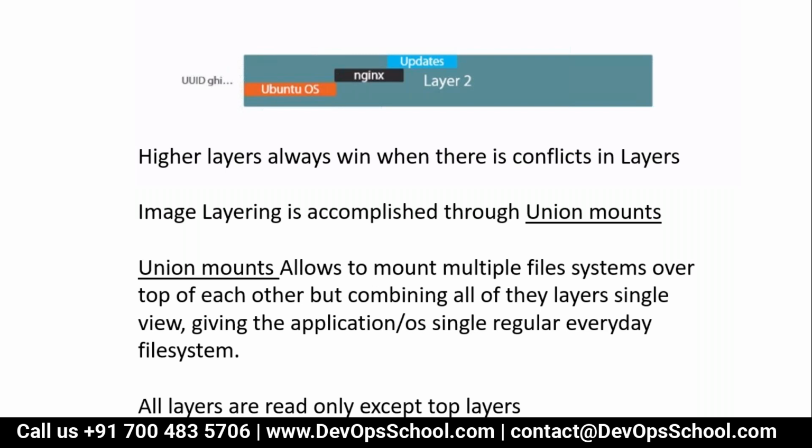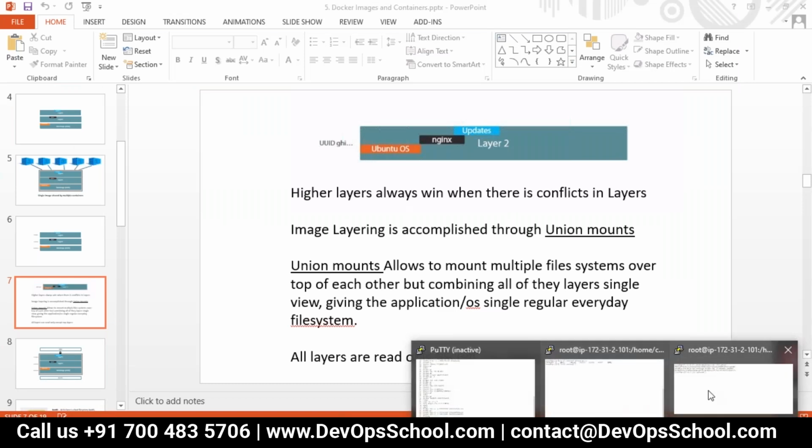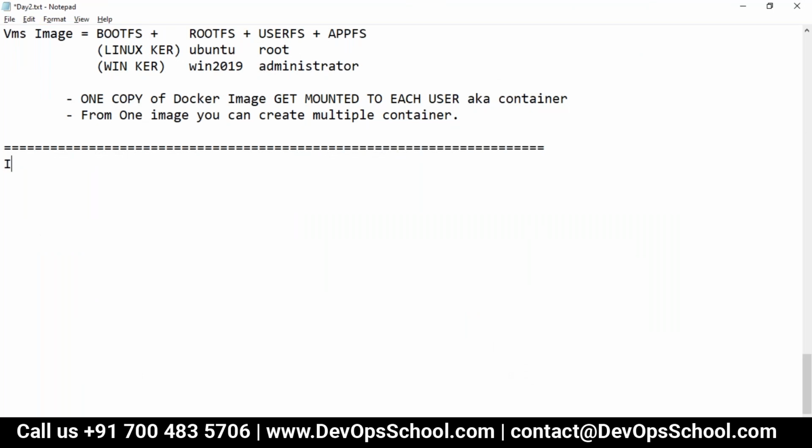Before I explain these points, I would like to prove all this with the image anatomy. Here I said a few things. Let's understand this. I said an image has multiple layers. Now I said each layer is a file system.